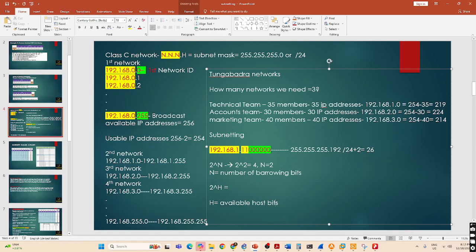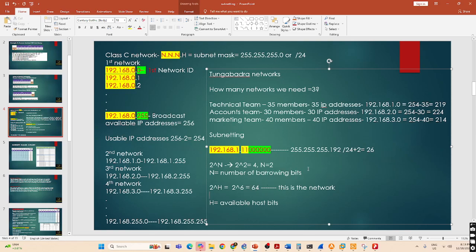So 2 power h, 2 power 6, what is the value? 64. This is the network range.